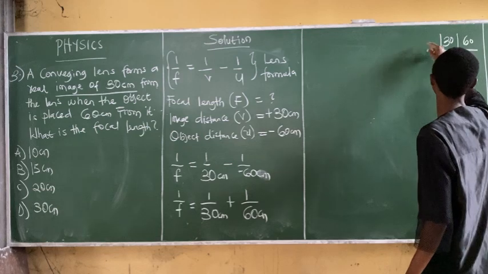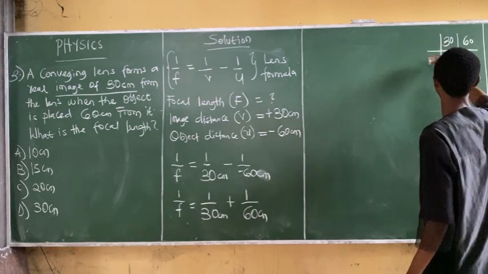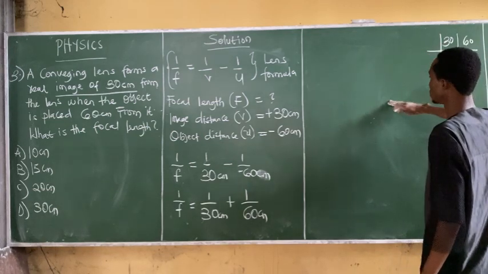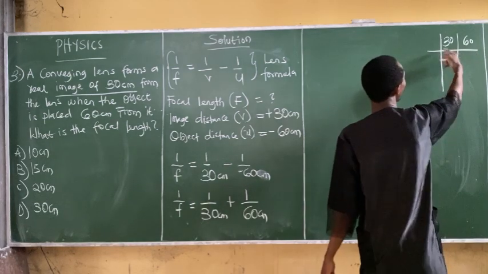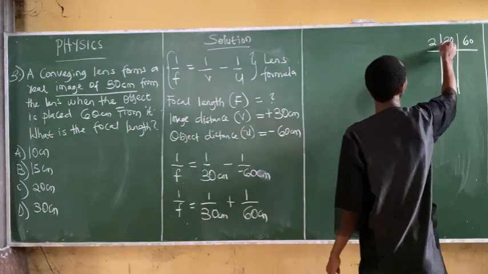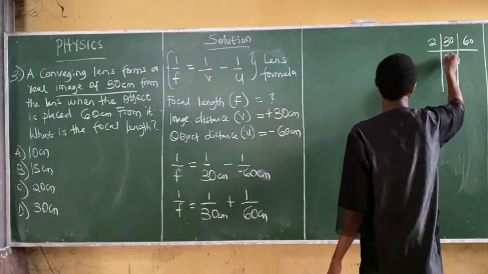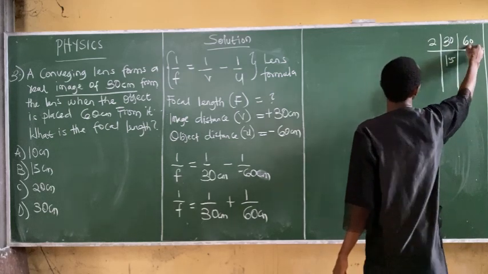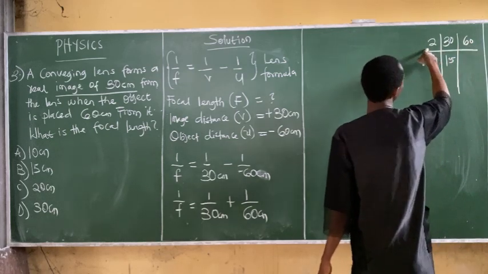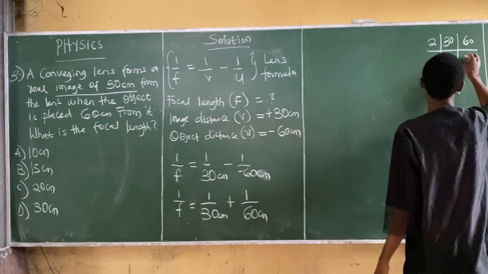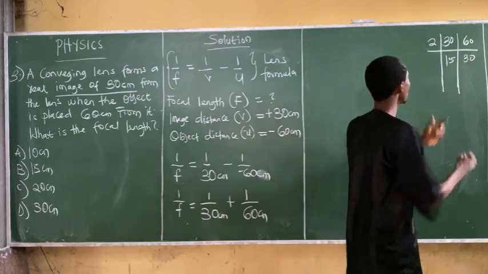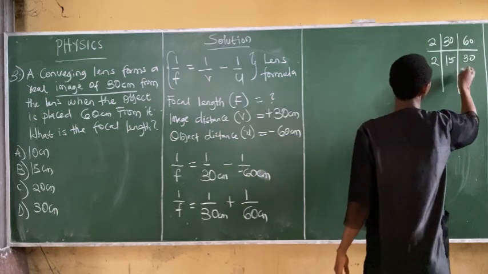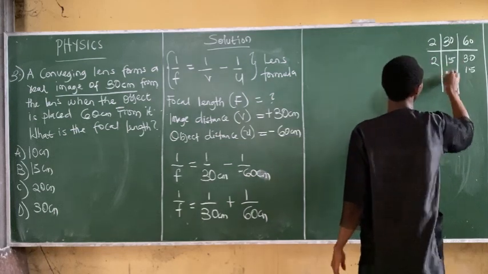Let's start with the least value that can divide them, which is 2. 30 divided by 2, we have 15. 60 divided by 2, we have 30. Can 2 divide any of them here? Yes. 30 divided by 2, we have 15. 15 cannot be divided by 2, so we bring it down.